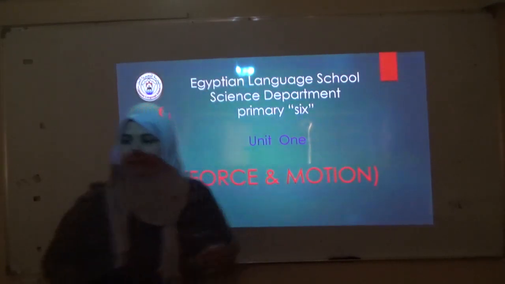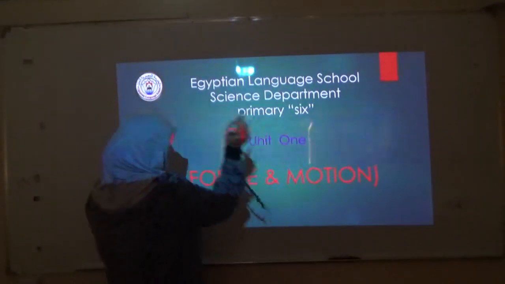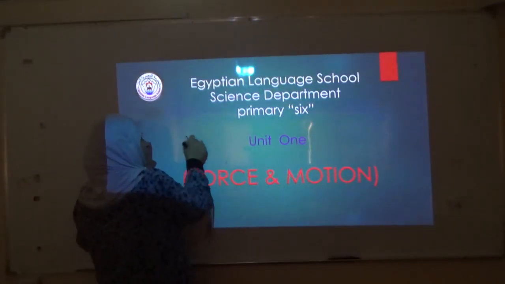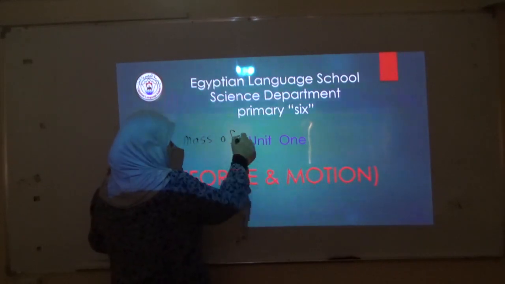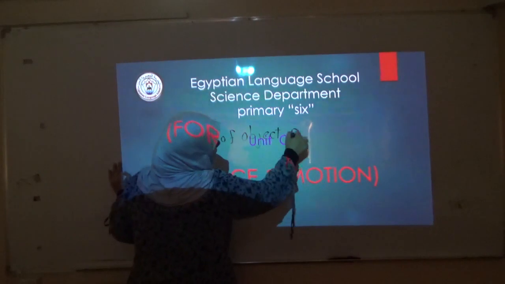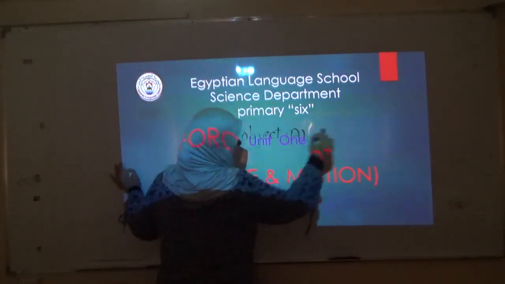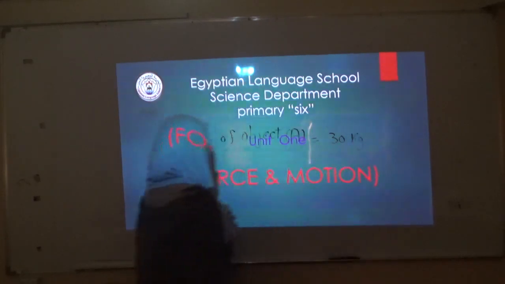And the question now, if I have two objects, the mass of the first object, for example, mass of object A equals 30 kilograms.